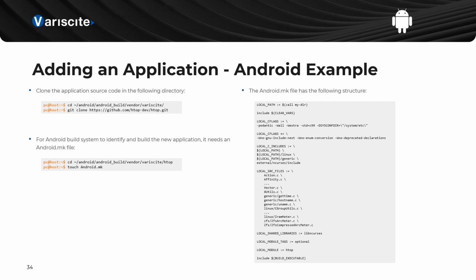The Android.mk file is similar to a Yocto recipe where you add all the configurations you need for Android to build the application. So you're going to set up the path, the flags for building, the source files that are going to be built, the dependencies, and so on.